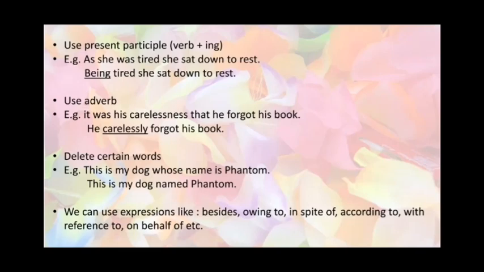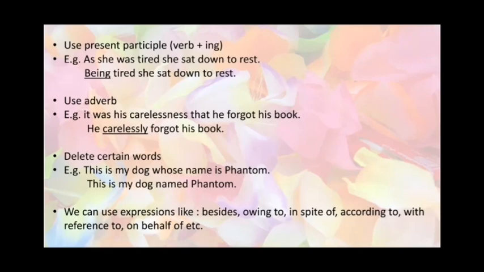You can see there are some unnecessary words which are making the sentence lengthy. So how to shorten it? You can shorten the sentence as: this is my dog named Phantom. You can see we have removed whose, and instead of name we have put it in the past tense, named Phantom.